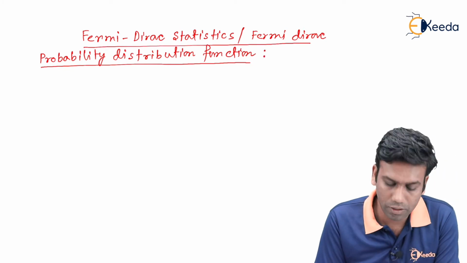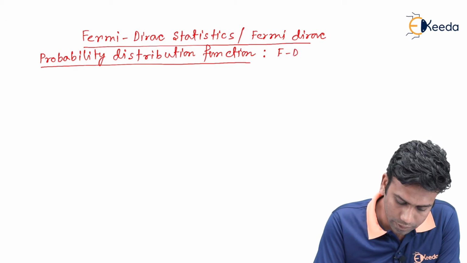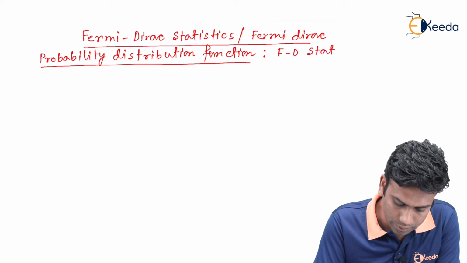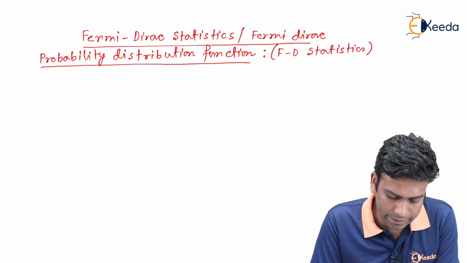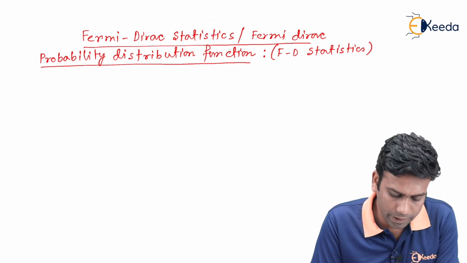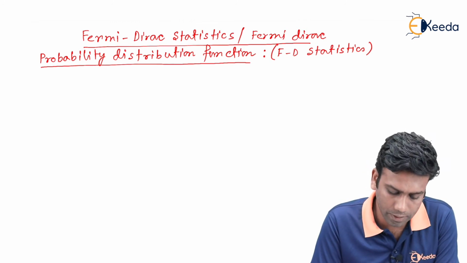In short, we can call it FD statistics. Now, this FD statistics is given by the scientists named Fermi and Dirac.